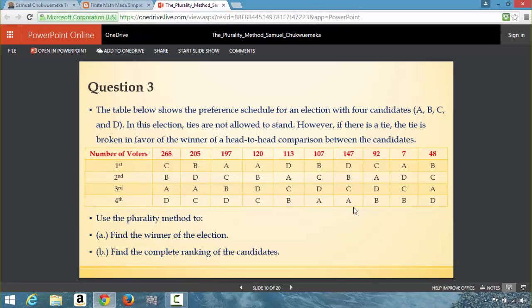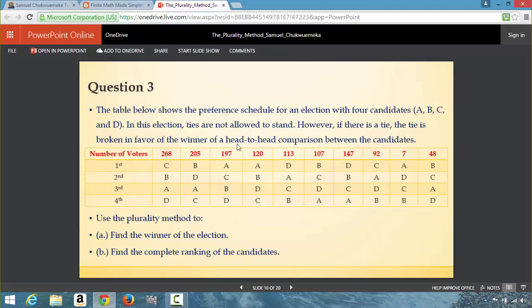So when you do a head-to-head comparison between that candidate and every other candidate, and that candidate wins, that candidate is known as a Condorcet candidate. Don't worry, we shall explain it further when we do part 5, method of pairwise comparison. Make sure you view that video.